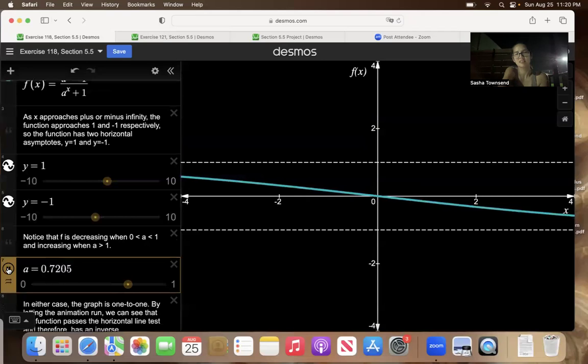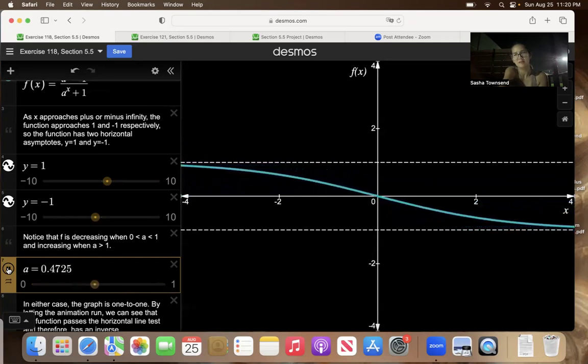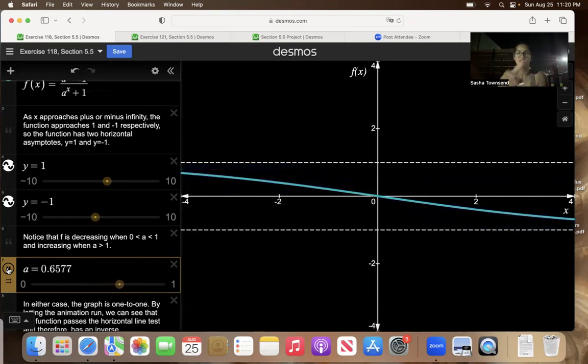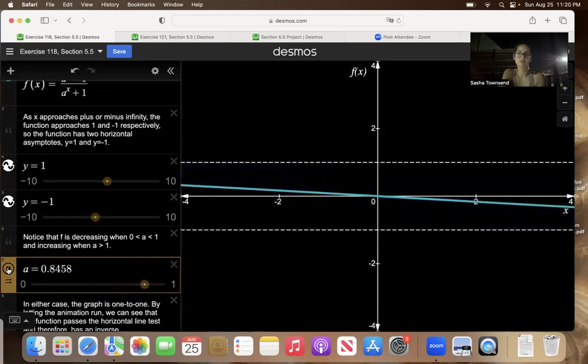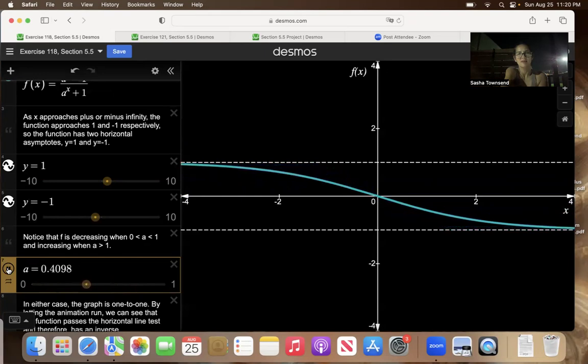We see that the function is decreasing. It flattens out in the middle, but the function is decreasing as you go from left to right for all of those different values of a. Now, in general, the a value is fixed.